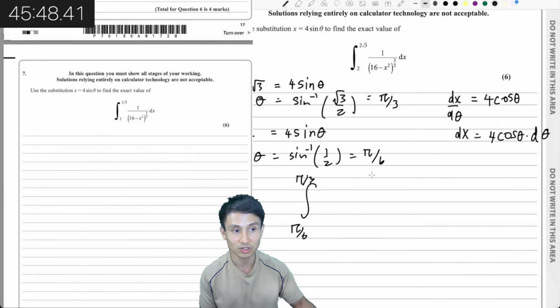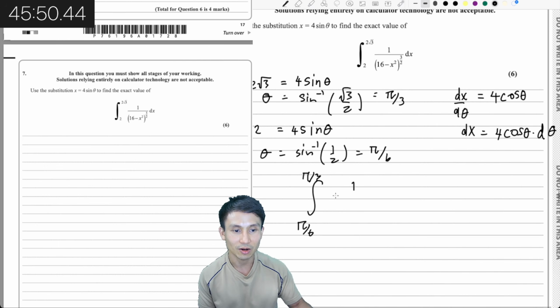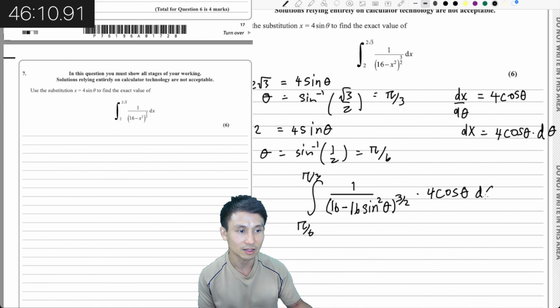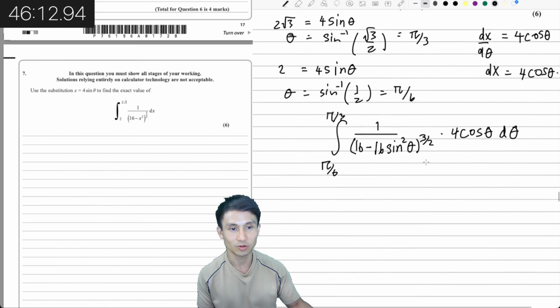We're going to substitute that in. And also the denominator part here: x squared would be 16 sine squared, right? 16 sine squared all to the power of 3 over 2. And then don't forget dx, we're going to change it to 4 cos theta d theta as well. So we are home free now.